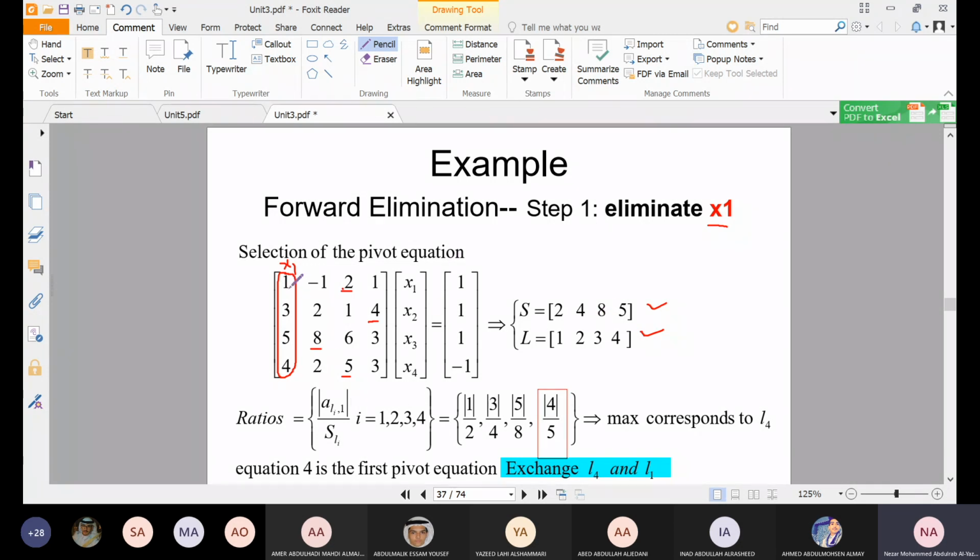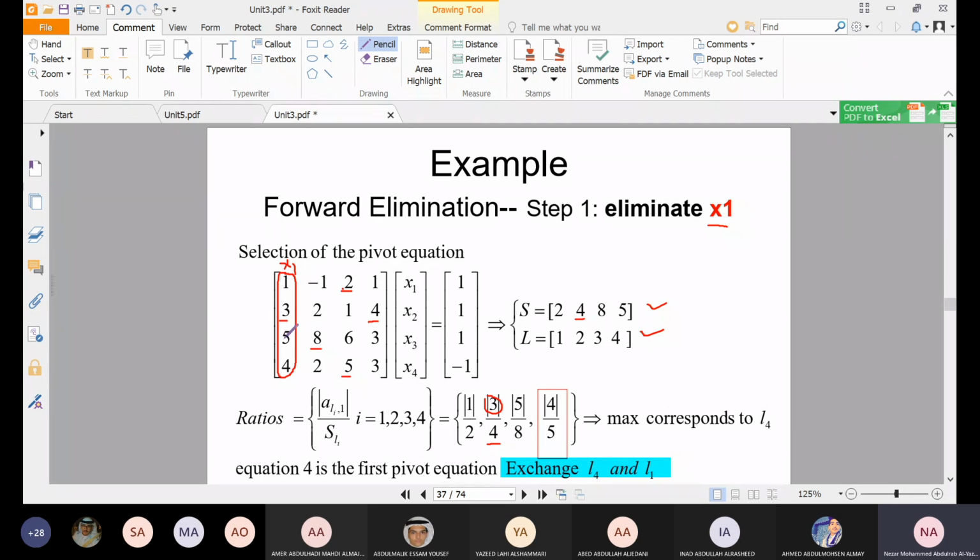So for example, if I take the coefficient, I have 1 in the first row, and the scale of the first row is 2. So I will take 1 over 2. For the second row, I have 3, and this 3 is over the maximum scale, which is 4.